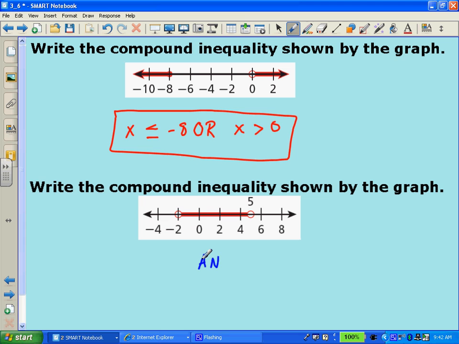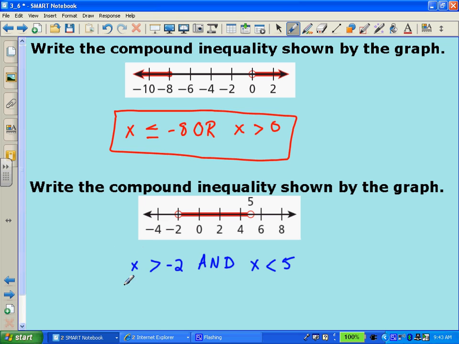Let's look at another one. Now this one I know is going to be an AND inequality. The way that I know that is my solutions are overlapping in the middle. So notice here that it starts at -2 and it ends at 5. So I know I'm going to have -2 and 5. It's open on -2 and goes to the right, so that's a greater than.